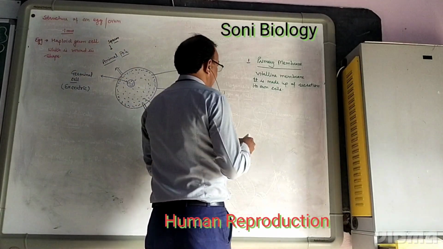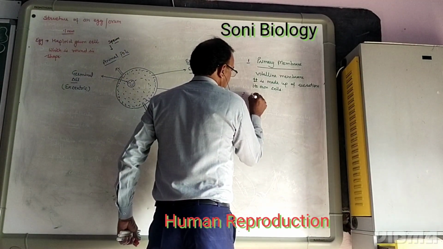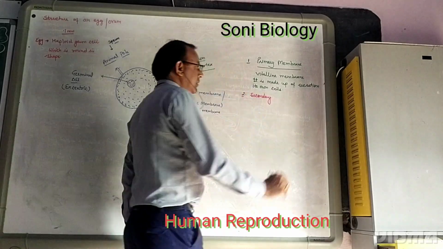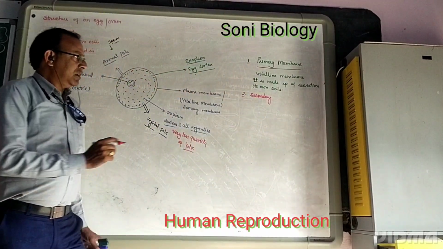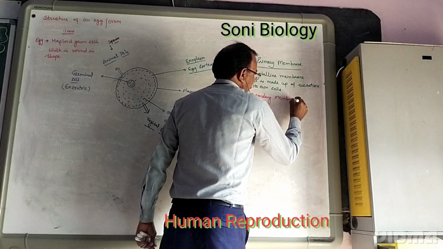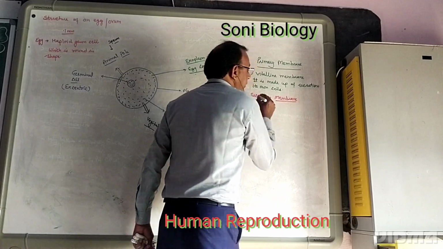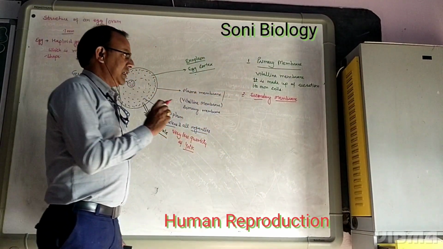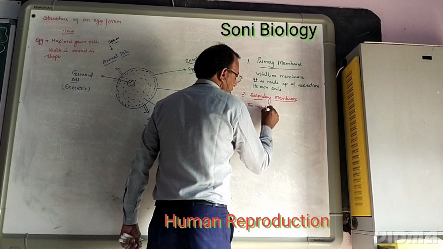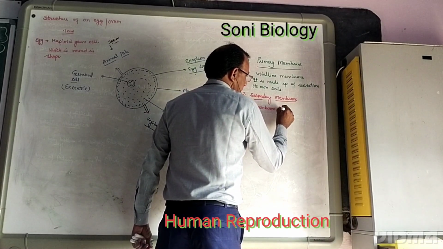The second one is the secondary membrane. The membrane which is produced by the secretion of the follicular cell, as well as made up of follicular cell.